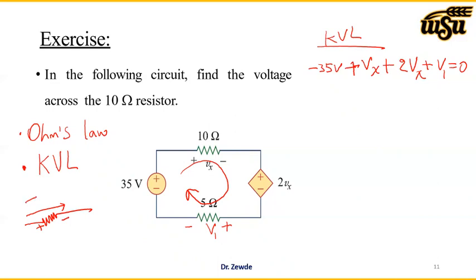If the current is going like this, then the voltage should be positive to negative. It's always true. That's why here I put this as a plus and this one as a minus. I'm assuming that the current is going this way. That's one thing.